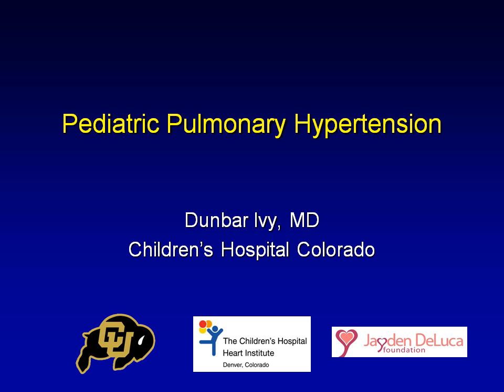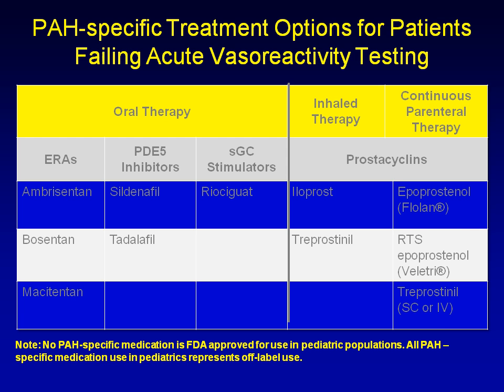So I think what we would do initially is most of those patients that you might consider an additional IV medicine are also on one of the other IV medicines. And I'm going to go back to my slide real quick here. So before we would start IV milrinone as an outpatient, I think that's what the question is, you would want to be sure the child is on a good dose of either the Flolan or the Veletri or the treprostinil.